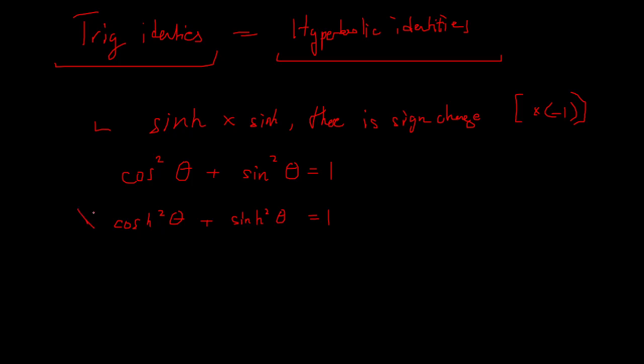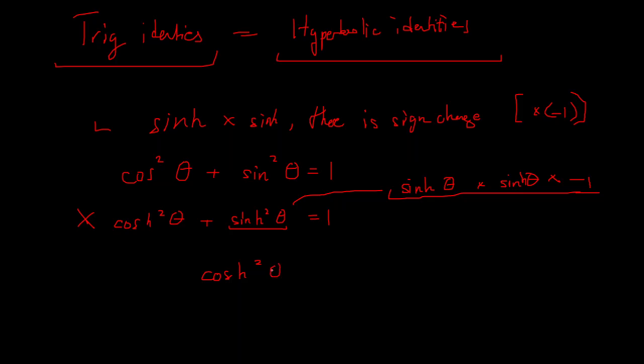Well, no, this is wrong, because this term right here is actually sinh theta multiplied by sinh theta, and whenever you multiply two sinh thetas, you have to multiply by a negative 1 as well for an identity. This is only for an identity, never multiply by negative 1 generally. You multiply by negative 1 only to prove an identity. So our result becomes cosh squared theta minus sinh squared theta equals 1.